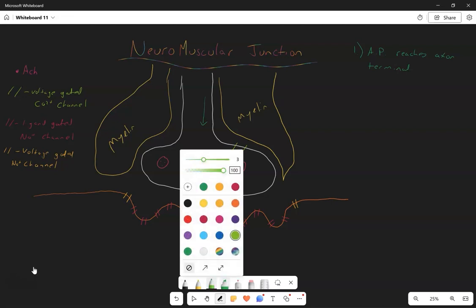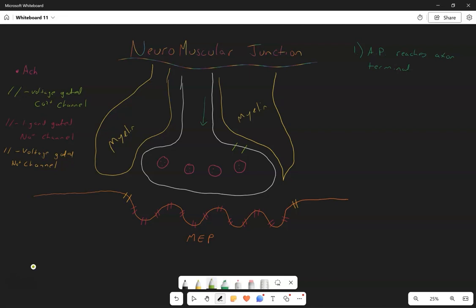Okay, so the next thing that's going to happen is you're going to get an activation of those voltage gated calcium channels. So we're going to say voltage gated calcium channels open. And when those channels open, calcium is going to influx into the cell.